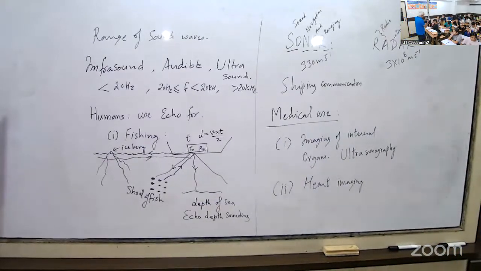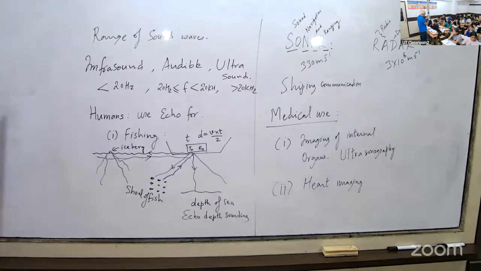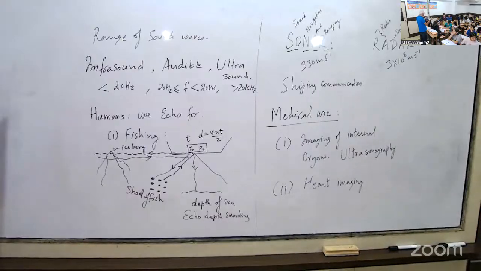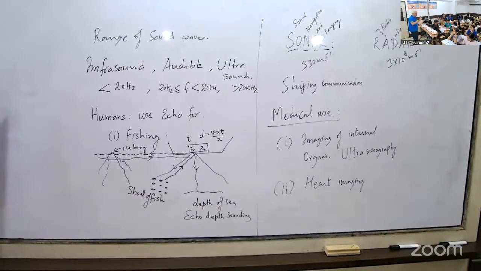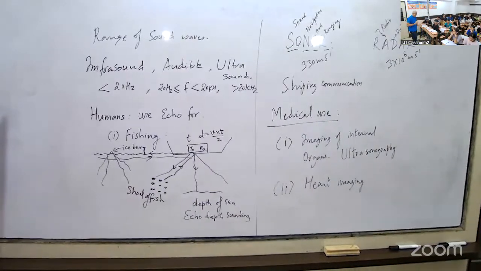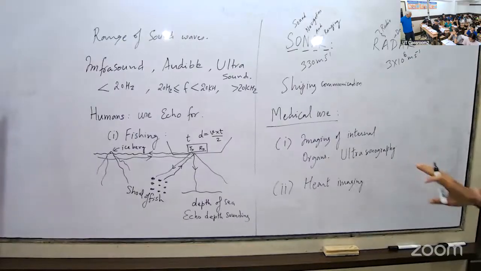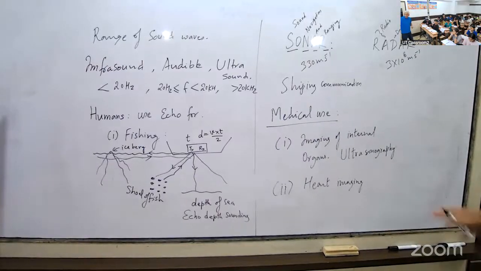Basically, whatever the organ reflects, when those waves are analyzed and processed, that creates the image. These are technology details. We are not going into how it works. We are limiting ourselves only to the usage part. And echo is involved in this because the reflected sound is producing the image.